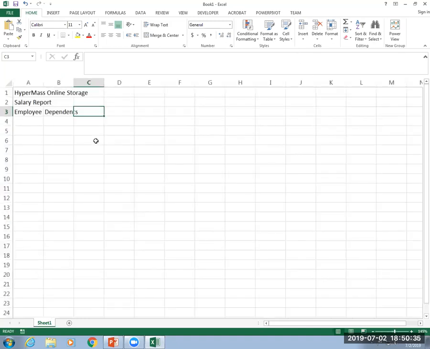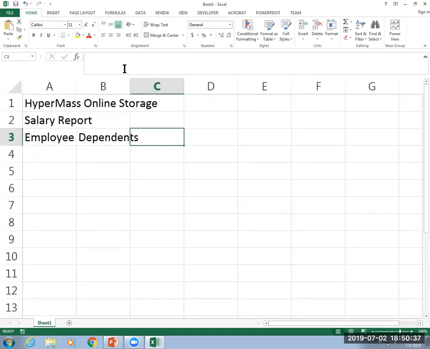So I'm going to blow up my screen a little bit so it's easier to see what I'm doing. We're going to type in the word hours. And then if you're on a Windows machine, you're going to do Alt Enter, and if you're on a Mac, you're going to do Option Enter. What that's going to do is make your cursor plop down to the next line.